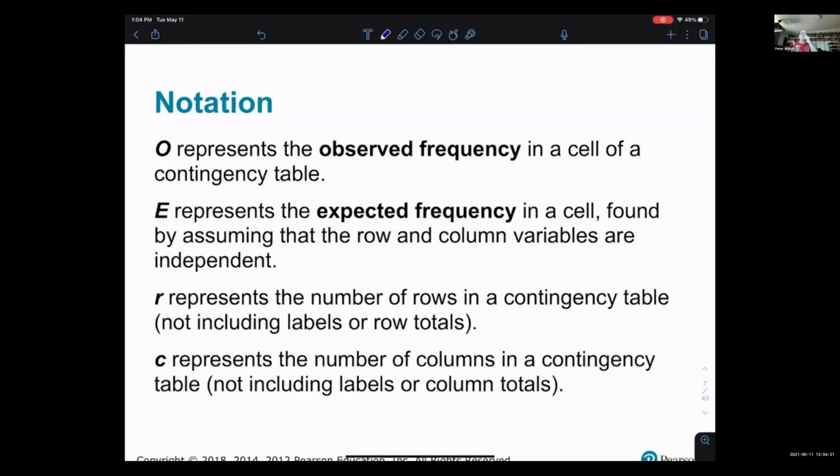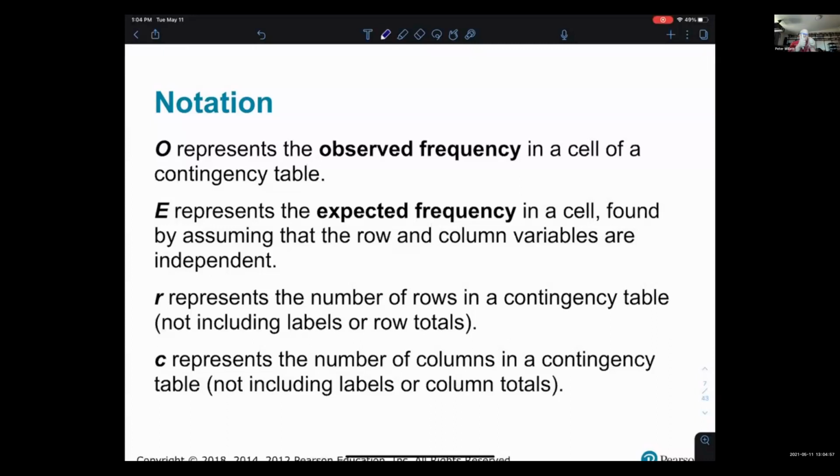So what you can imagine is if you are assuming they're independent and you have some expected things you would see, and what you observe is very different from that, and would be very unlikely to occur by random chance, then you can say, well, what I saw in my sample is evidence to reject the idea that they're independent and instead support the idea there's some dependence between these.